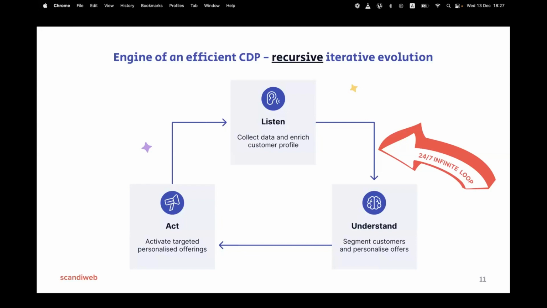That's a huge value of CDP. Once you understood and set up these 3 pillars, it's like the magic of machine learning. It just gets better and better and better, and you do not do a lot about it. Once you have set it up, it just works. Recursive, infinite, iterative evolution.